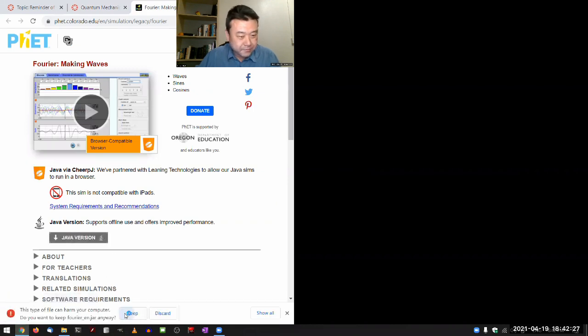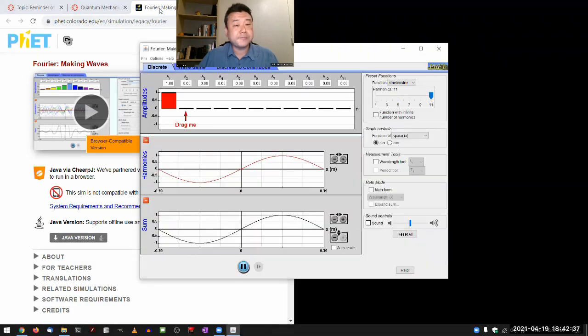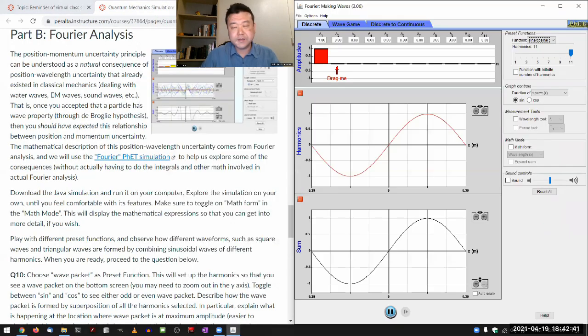So I'm gonna just download it and run this on my computer so that hopefully it uses less CPU power than it would if it's running in a browser simulation. What this simulation does is it makes some of the calculations that you might have to do simpler.